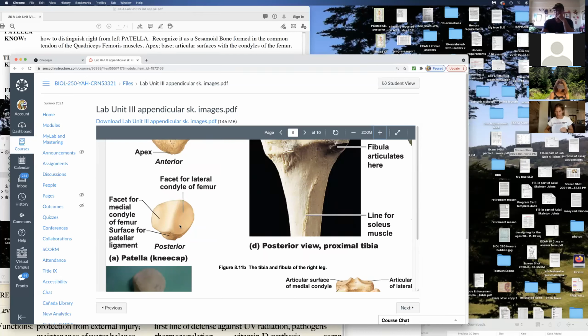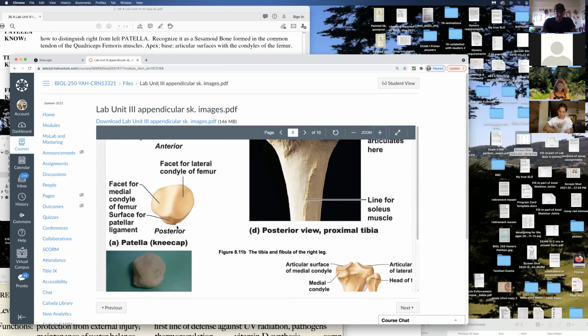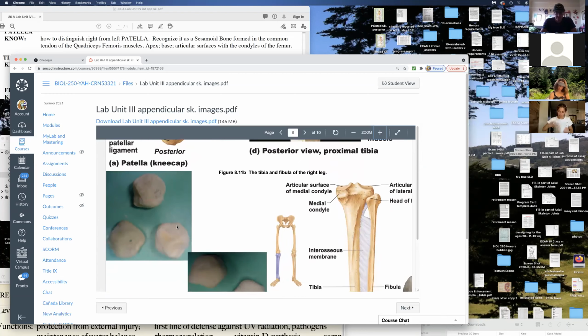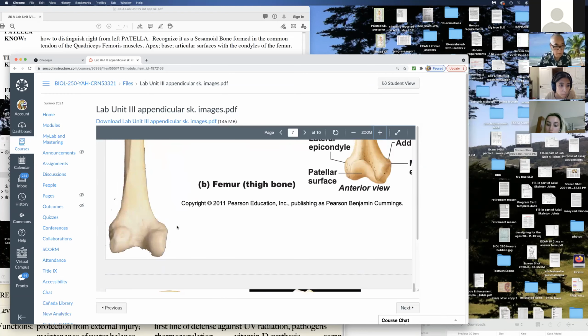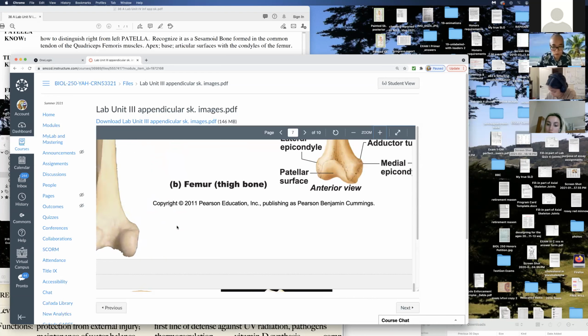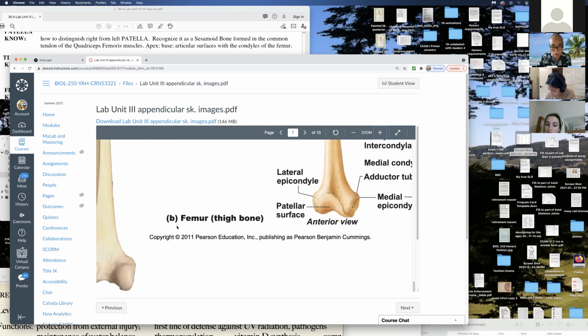The part of the patella that is going to be articulating with the lateral condyle of the femur would be much wider.